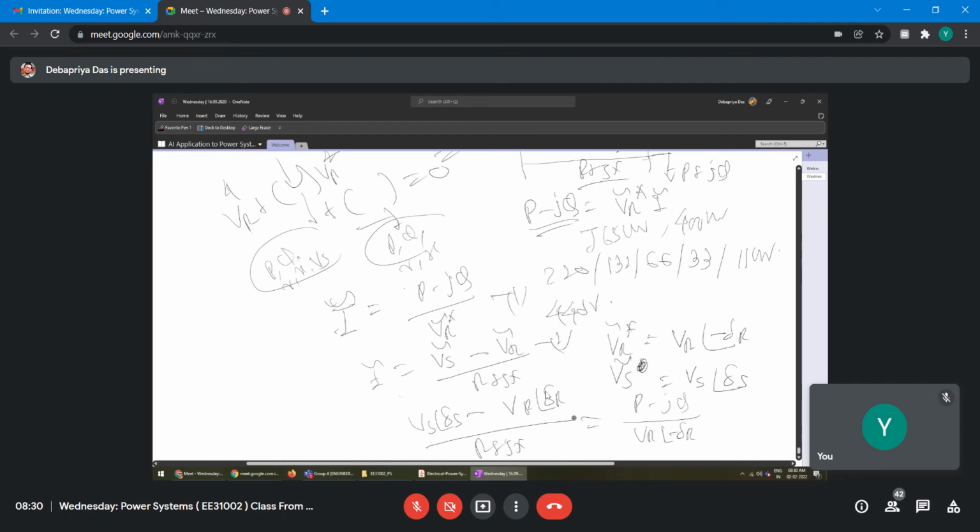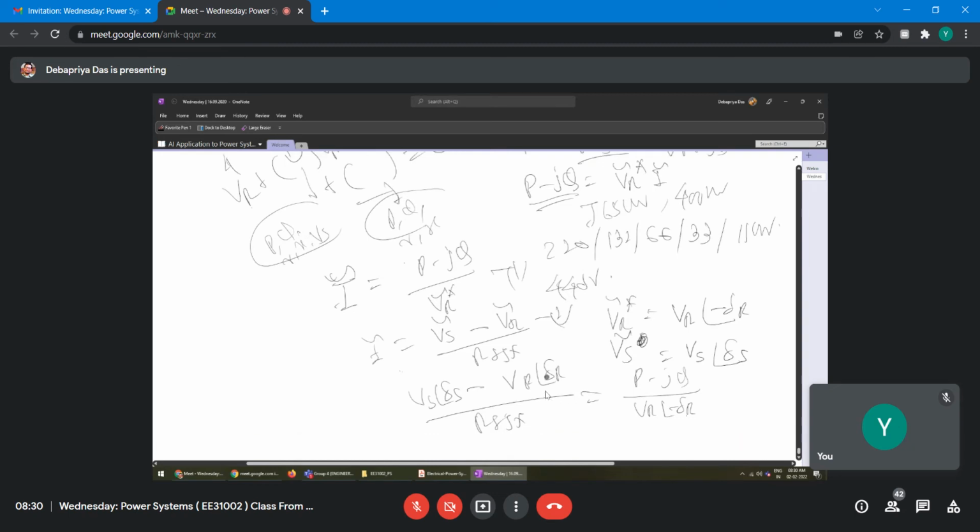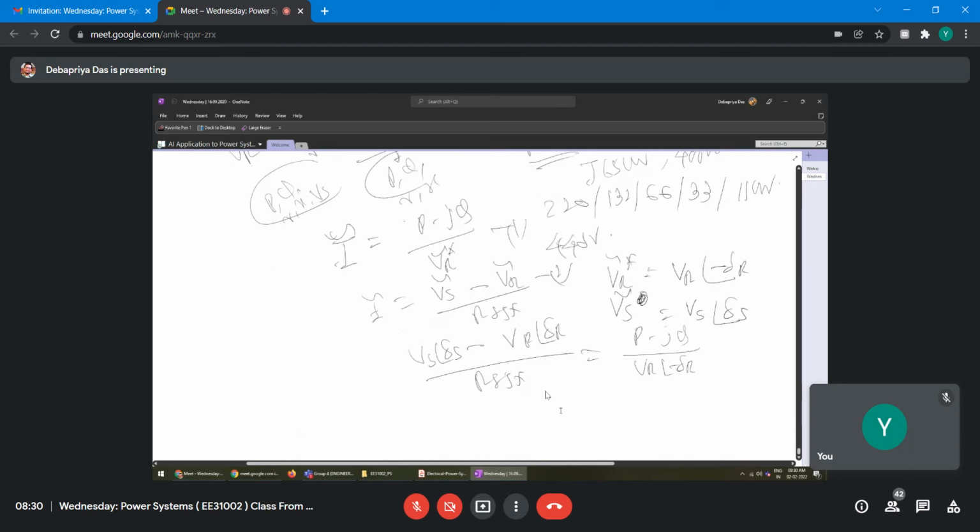Now you have to go for cross multiplication, and you have to eliminate the angles. If you cross multiply, you will find delta S minus delta R, and this will be simply VR square, because of delta R and minus delta R, right?